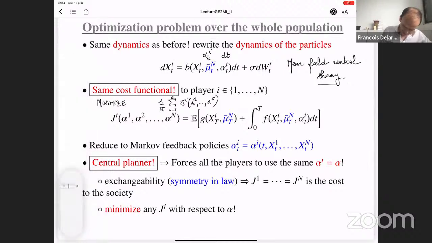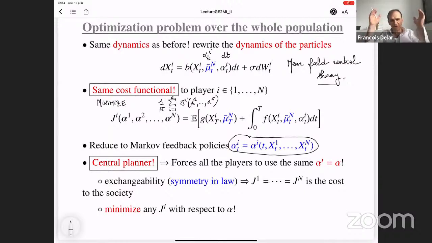So conceptually, and this is what is said in the slide, another way to think about this, at the end of the day this is the same problem, is to say that if you reduce yourself to Markov policies, as we did before, then there is a kind of chief, which is called a central planner, that says to the players which feedback function they have to use.